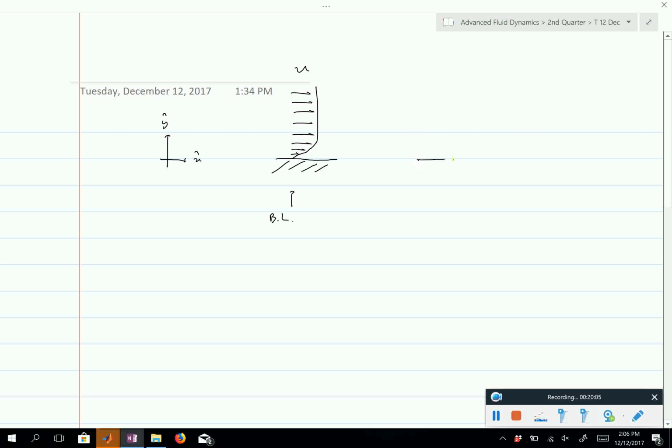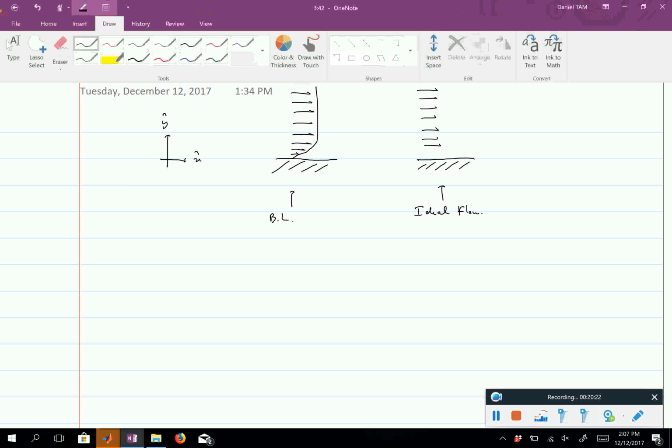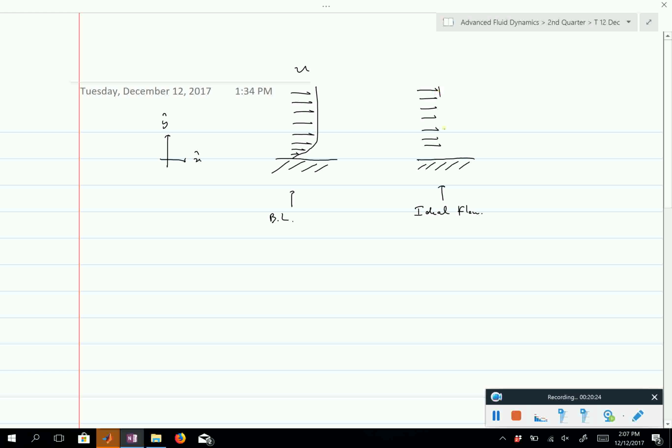But if you had an ideal flow, then the velocity would just be U everywhere. Right, so you would have a flat profile. It would be just U everywhere.